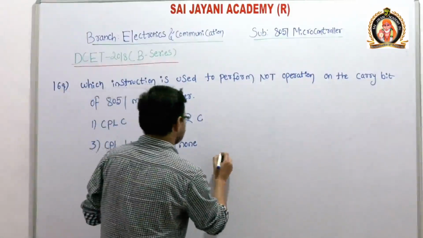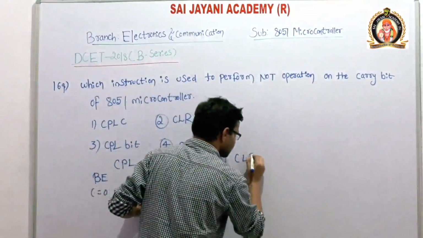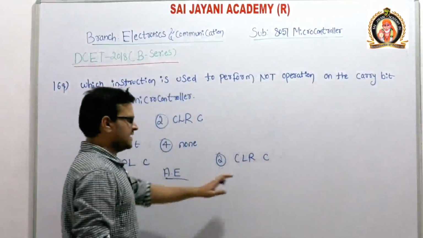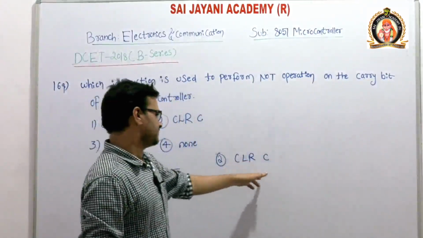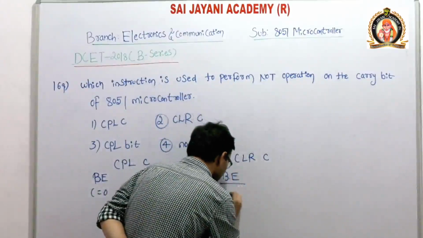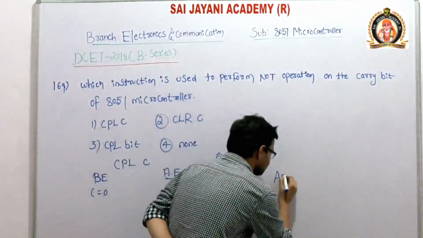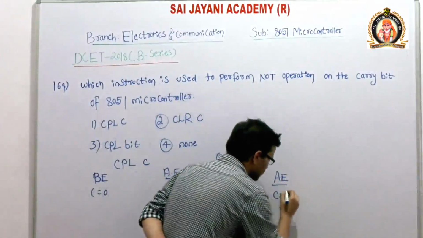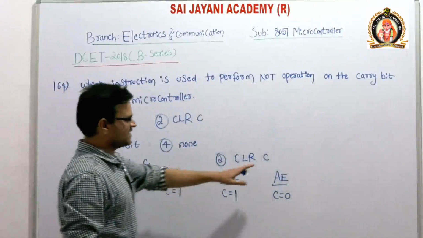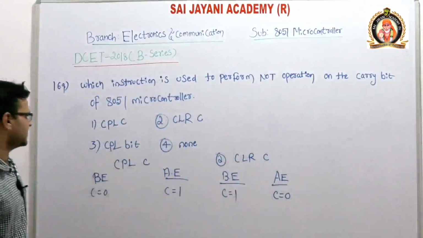Similarly, the second option, CLR C, will clear the carry bit. Before execution, suppose the carry bit is equal to 1, then after execution the carry bit is equal to 0. That means it clears the carry flag. The third option is CPL bit.